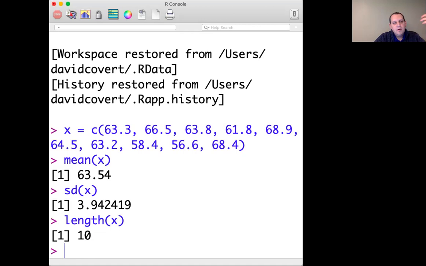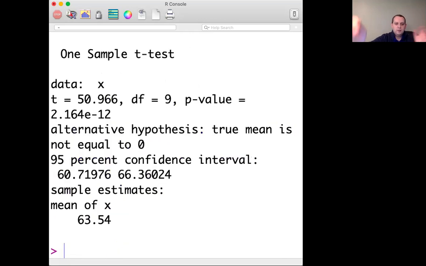Here are a few different things that we can do. We want to compute a confidence interval using what's called the t-test. I'm literally just going to type t.test of x, and R is going to do basically everything for me. It's really nice. Put it in, and ta-da, we get our confidence interval. It agrees with what we found, at least at 2 decimal places.